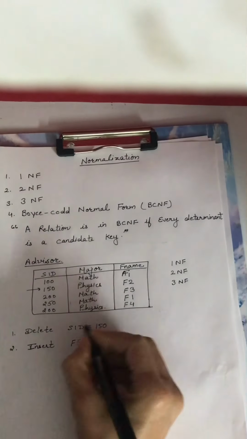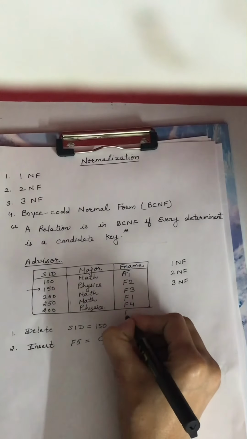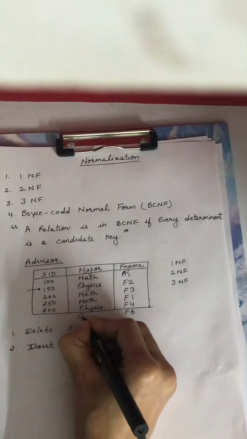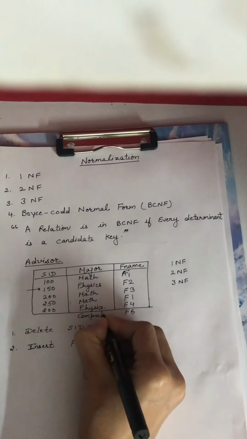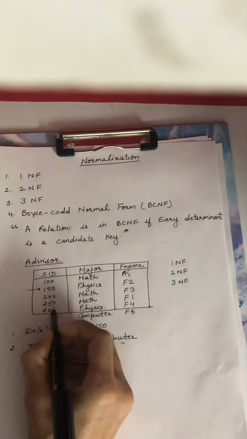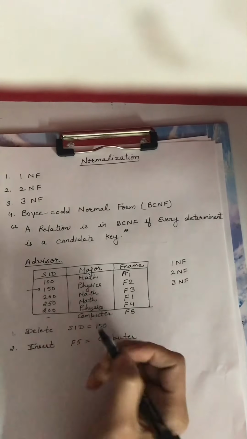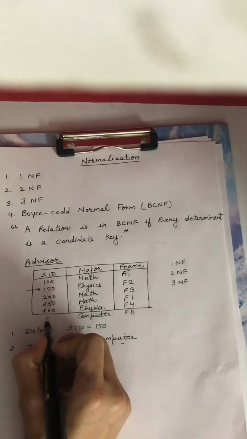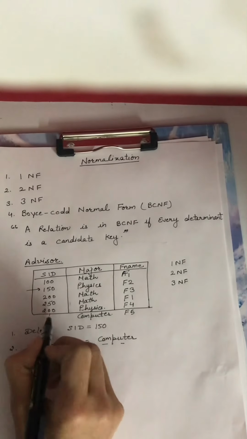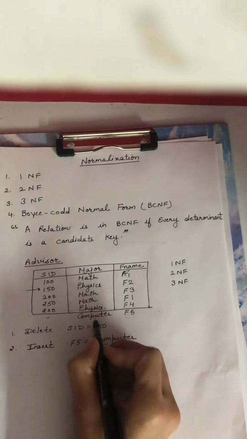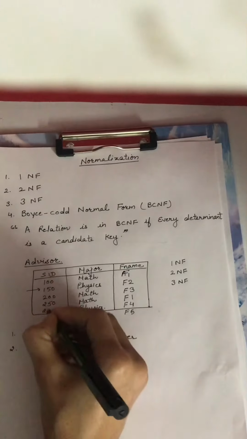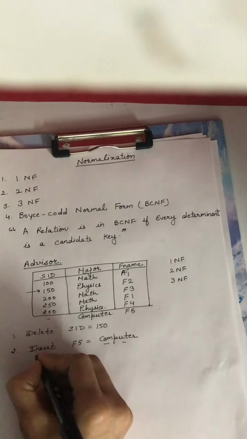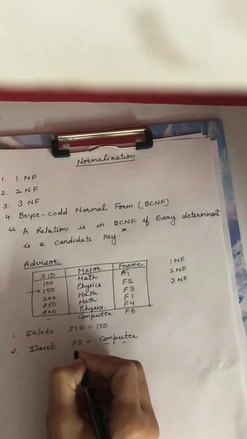If we insert faculty F5 with major computer, we need SID, we need at least one student who is enrolled in major computer. We can't leave it blank. So this is insertion anomaly.